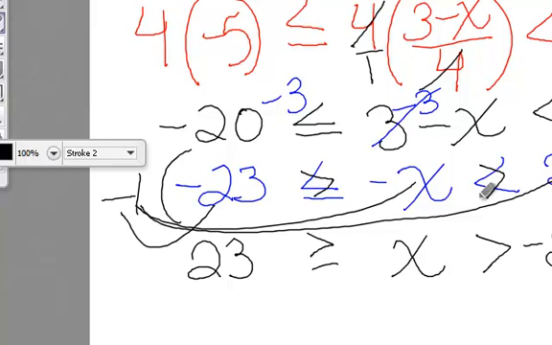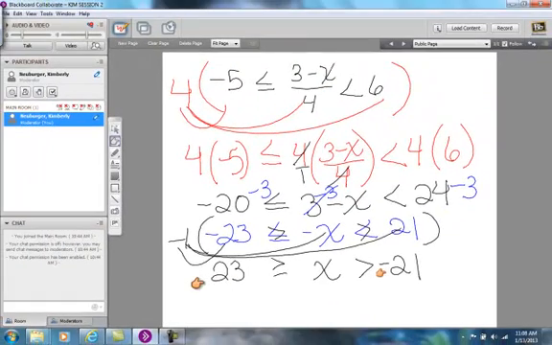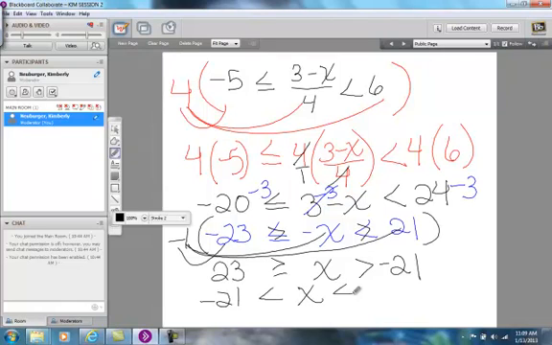Now if we want to look at this in numerical order and have the smaller number of negative 21 on our left side, we can actually just take this entire expression and flip it over. That will look like negative 21 is less than x, which is less than or equal to 23.